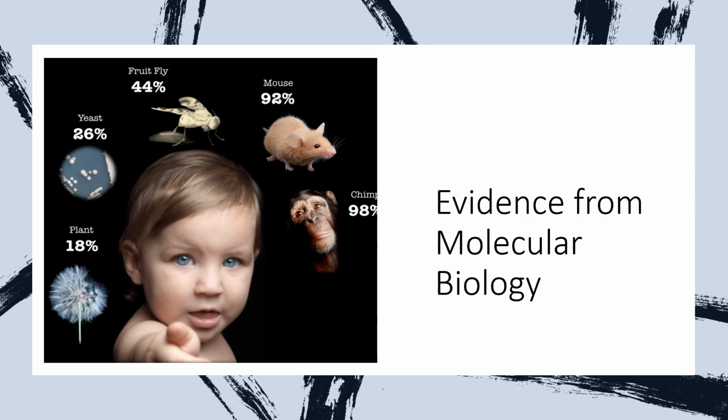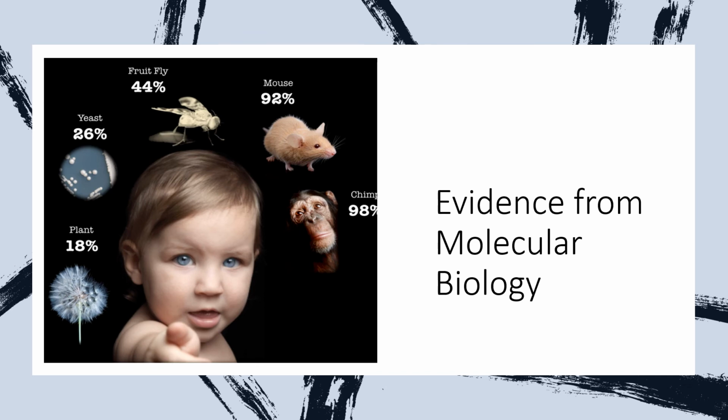Yeast is the small microorganisms that make bread rise. We are 26% similar to them. So, I mean, it's fascinating that all living organisms share similar DNA sequences. That's how we recognize that all living organisms are related.